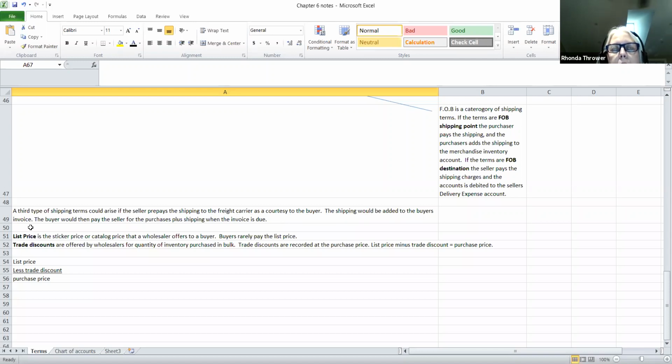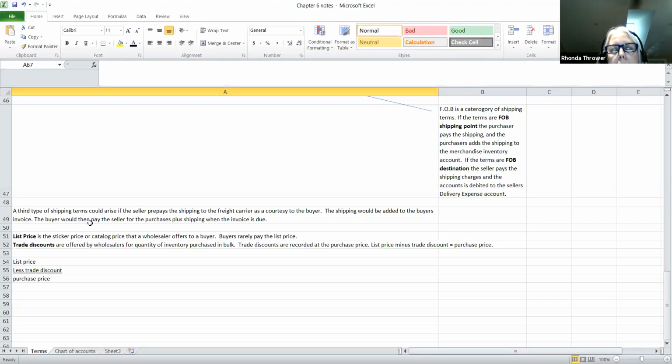So in other words, the buyer still is going to pay the shipping eventually, but the selling company pays the actual shipper itself. Then the buyer will reimburse the seller for paying the shipping charges for them as a courtesy to them.